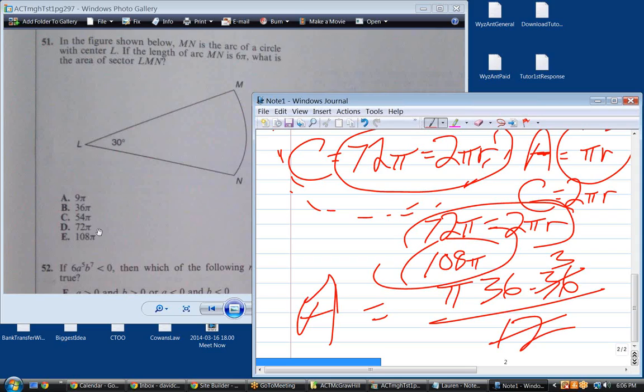Because the answers are all in pi. At this level of math, you almost never convert pi to a number. That's over and done with. You won't be doing that anymore. I can't promise for sure that that's the case because there are questions on the ACT and the SAT that will require you to multiply, but they'll be worded approximately.